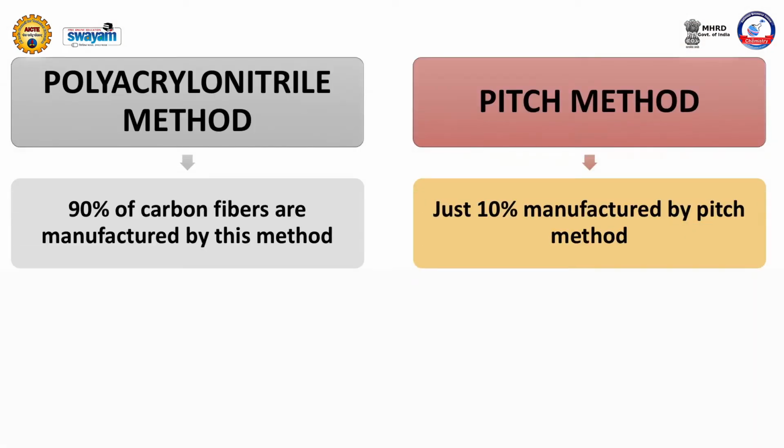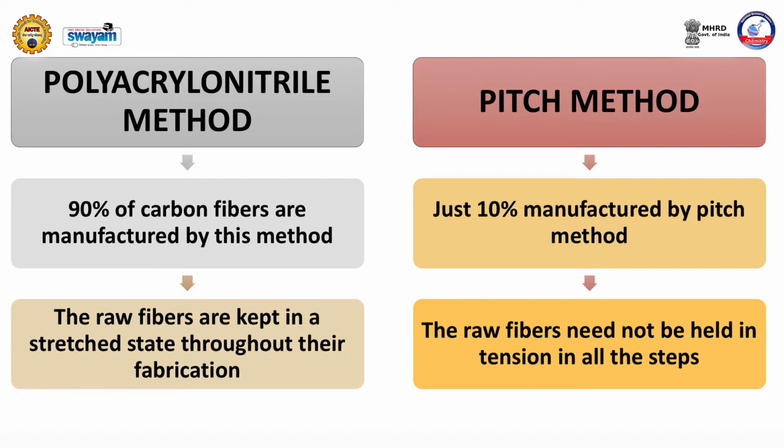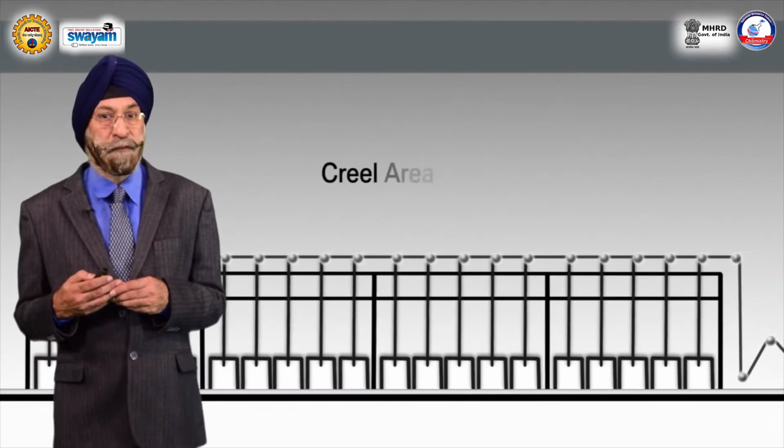Almost 90% of carbon fibers are manufactured by the polyacrylonitrile method and just 10% by the pitch method. The major difference in the two manufacturing processes is that in the polyacrylonitrile method, the raw fibers are kept in a stretched state throughout their fabrication, while in the pitch method, these need not be held in tension in all the steps.